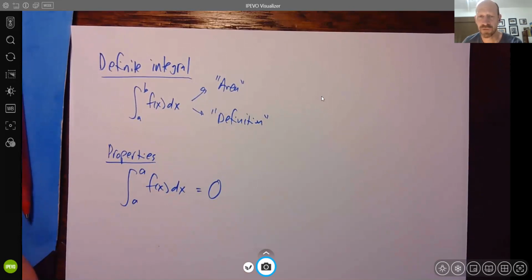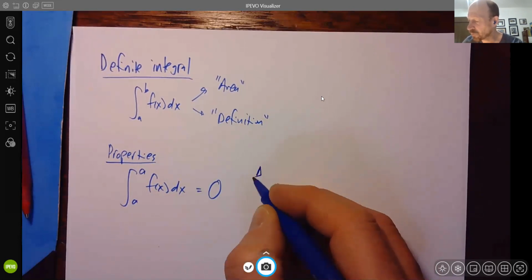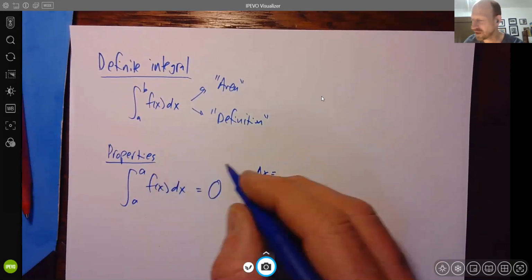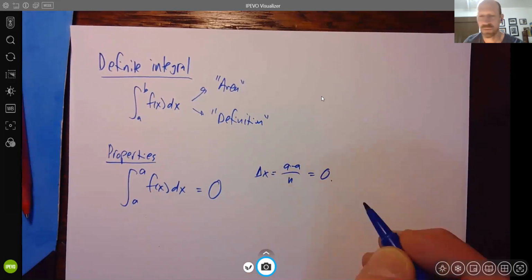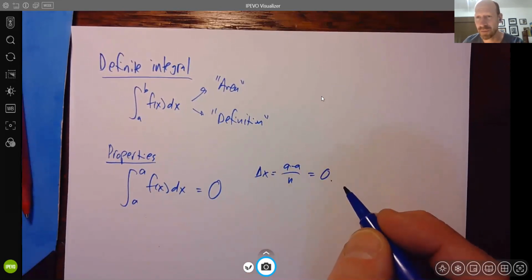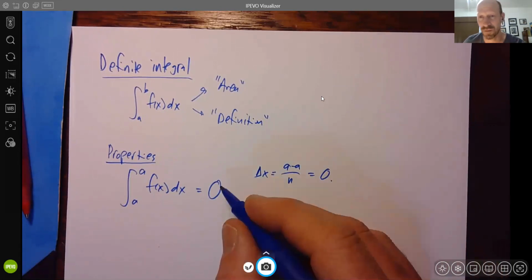Okay. So that's rationalizing about it by area. We could also think about the definition: you have delta x, which is b minus a over n, which in this case would be a minus a over n, which is 0. So in terms of your definition, you'd be multiplying everything by 0 and adding up a bunch of zeros, and you would also end up with 0.